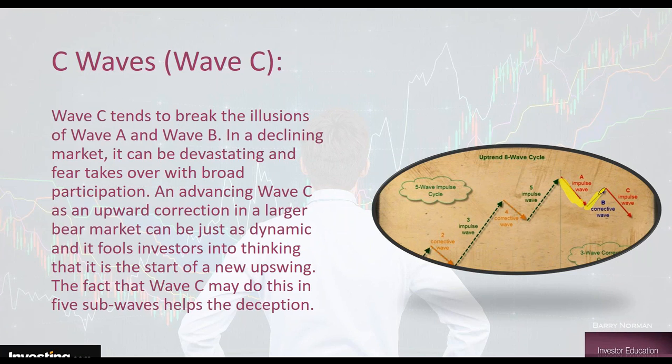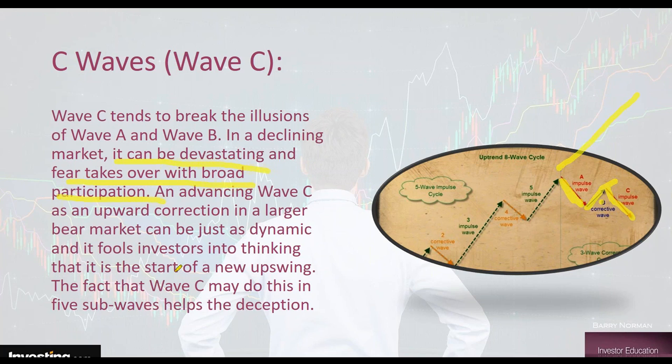They see wave B correct, and now they're all sure it's going to go back up to this uptrend. They jump in the market, only to be devastated here as the bears take control and continue down in this marketplace. And what happened is fear takes over. All of these people are jumping out of the market.